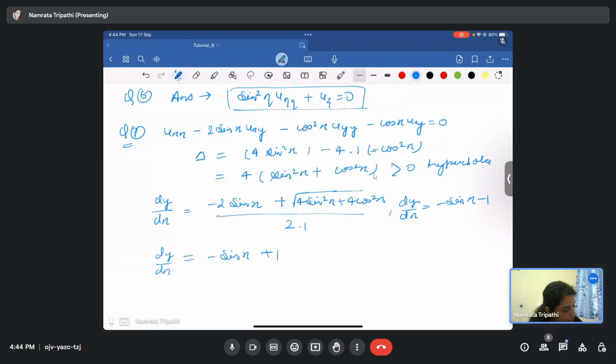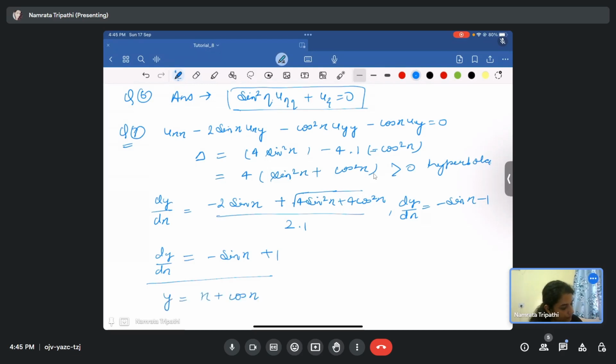Okay, now from integrating here you will get minus x plus x plus cos x.